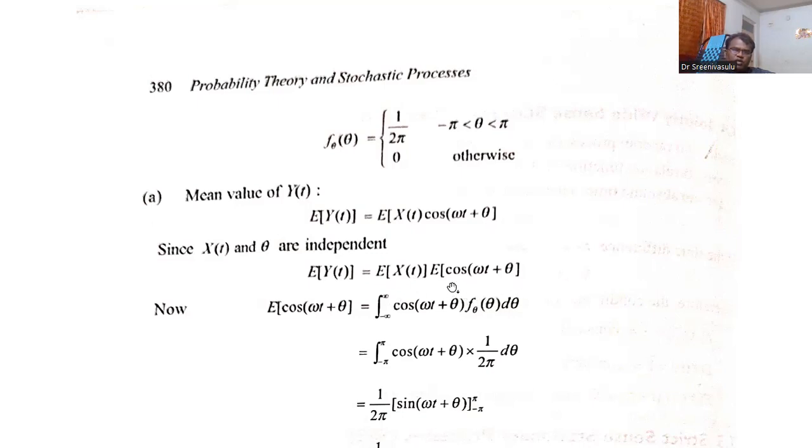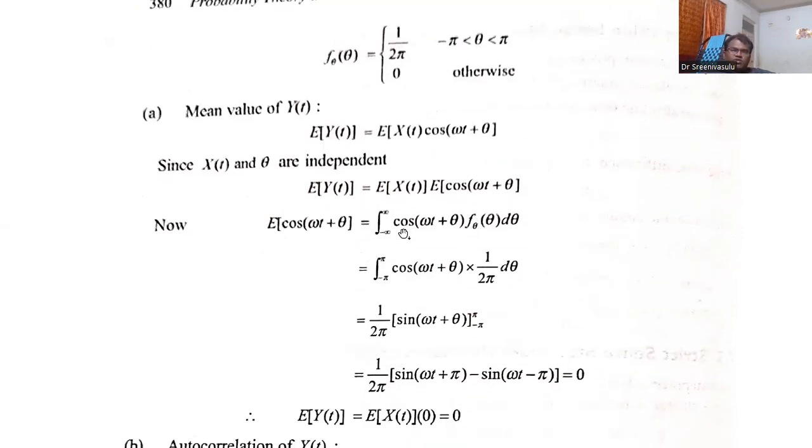Then we need to calculate the expected value of cos(ωt + θ). It is the integral from minus infinity to plus infinity of cos(ωt + θ) times the corresponding probability density function f_θ(θ) dθ. Since the interval is given, the limits change to −π to +π.